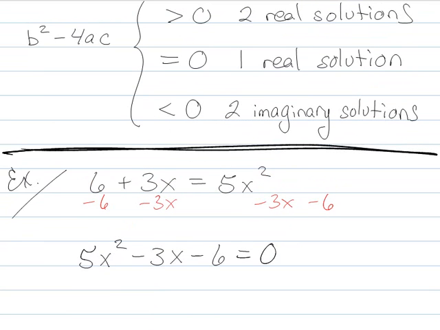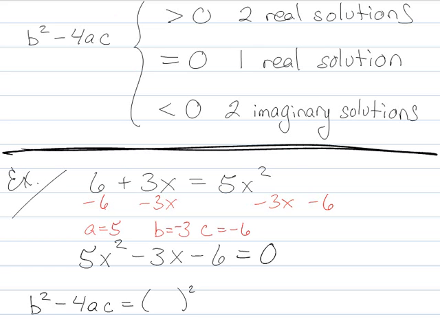Now, if it's asking for the type of solution that you're going to get, the only thing that you have to calculate is b squared minus 4ac. So I've got a, b, and c. A is 5, b is negative 3, and c is negative 6.